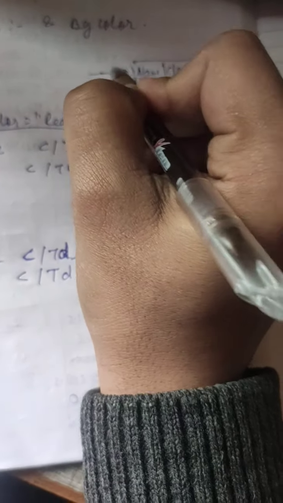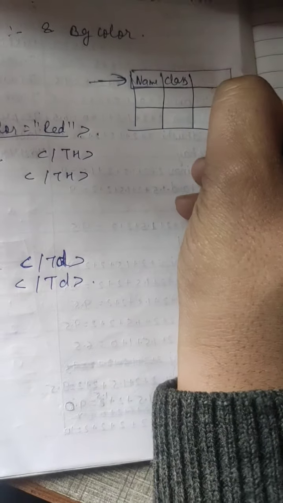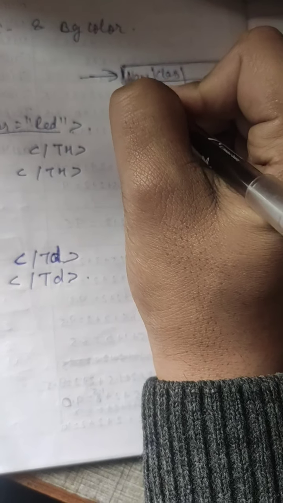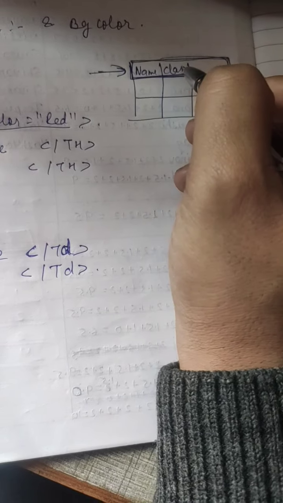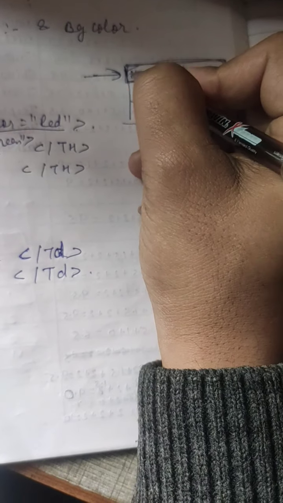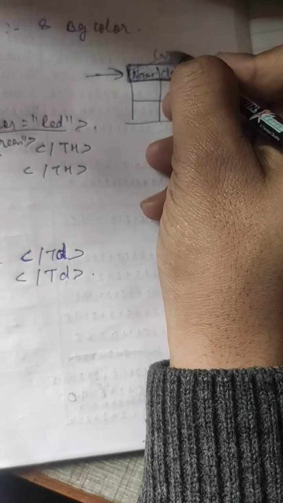The tr is the full table row, so this full row's boundary will become red. And again we can also apply it on th. If I write bg color equals green, then th in the name one will have a green background color.